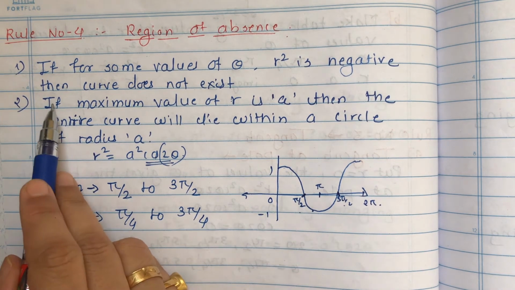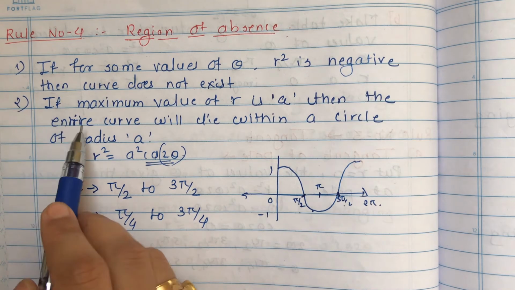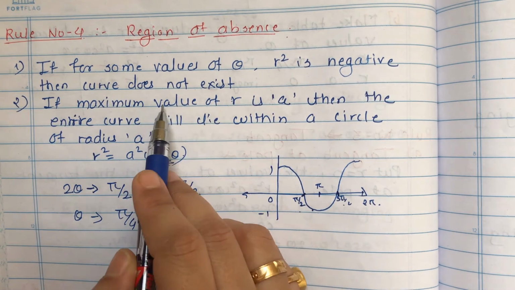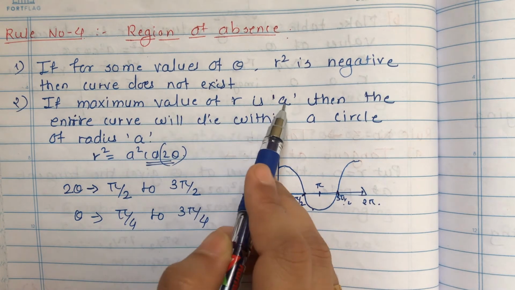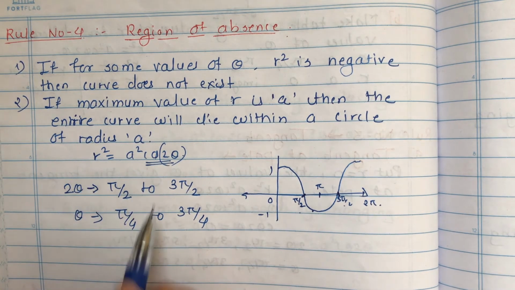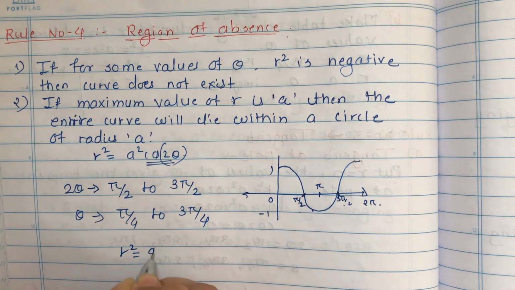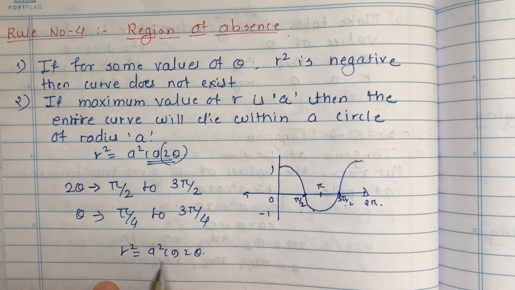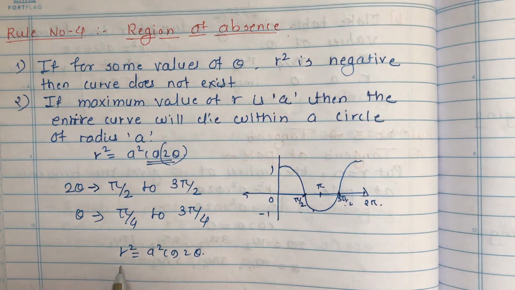Now we will apply the second condition. So what is the second condition? If the maximum value of r is a. Now from this equation, r square is equal to a square cos 2 theta, can we get the maximum value?